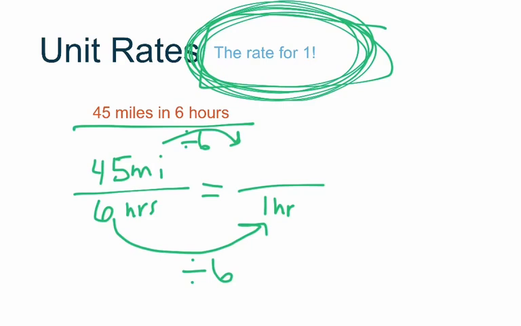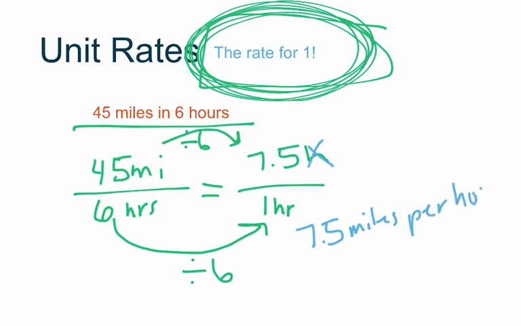I know that 45 divided by 6 is 7.5. And then just make sure that you write your answer out in good rate language. So I would say 7.5. Oops, I put the wrong label up here. Excuse me for that. 7.5 miles per hour. That would be my final answer.